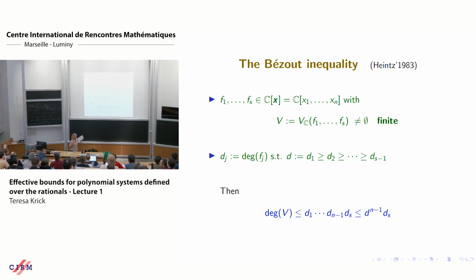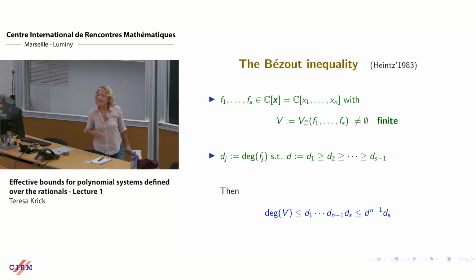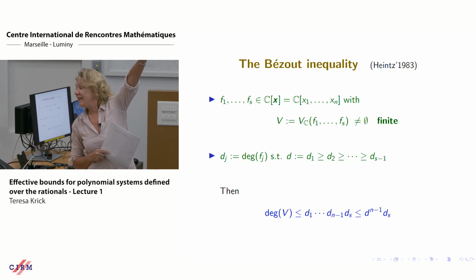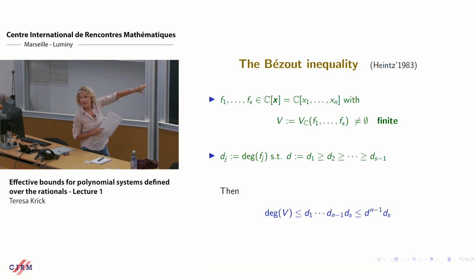In the inequality of degrees, you don't consider ds? No, that's a nice thing, and I will discuss that. Thank you for observing it. So what the Bézout inequality says is that, usually ds will be the smaller one. The most interesting case is when ds is the smaller one.